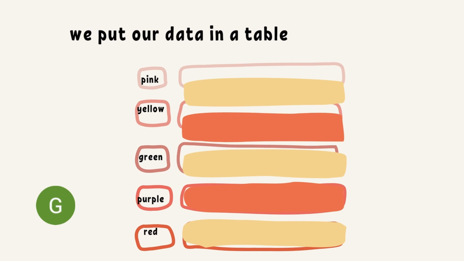Okay, we're going to start collecting some data now. I'm going to pull out a jelly bean, and I'm going to show it to you, and you're all going to tell me what colour it is. And then I'm going to put a tally mark next to the colour that it is.